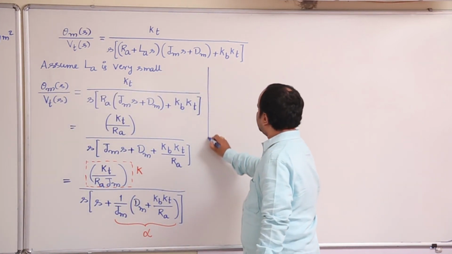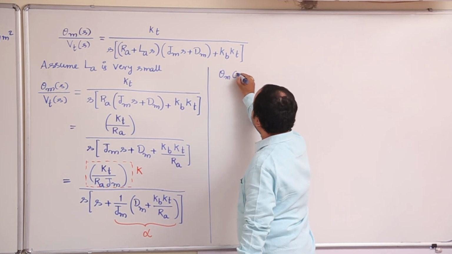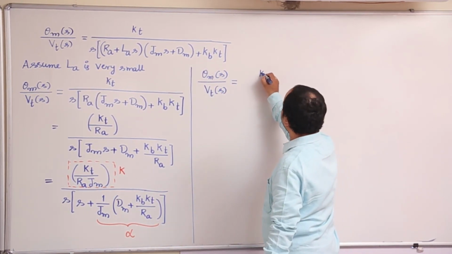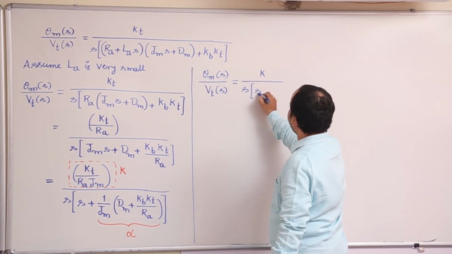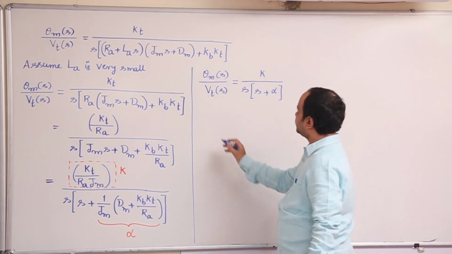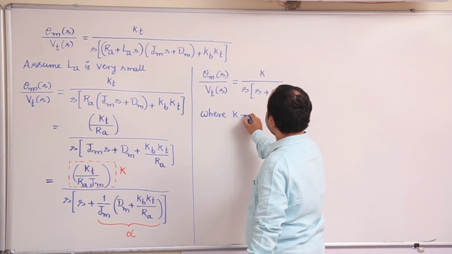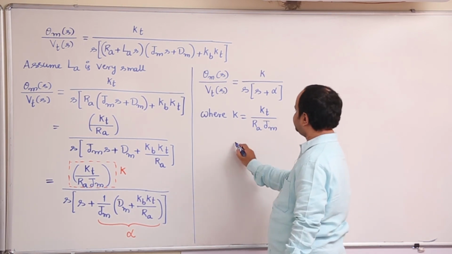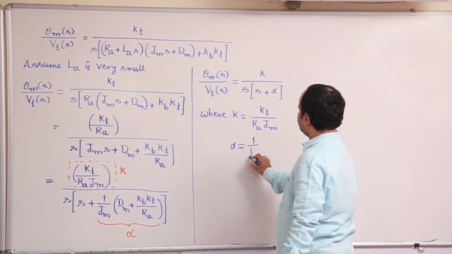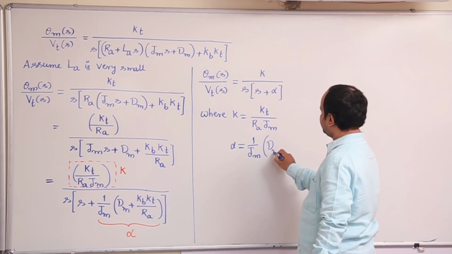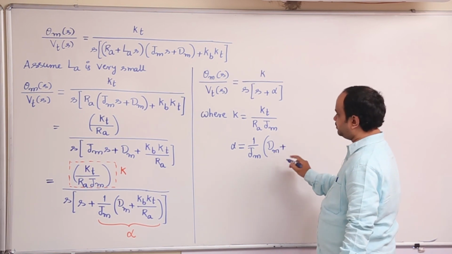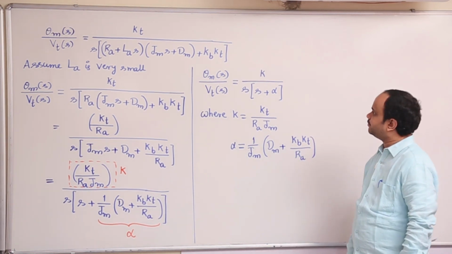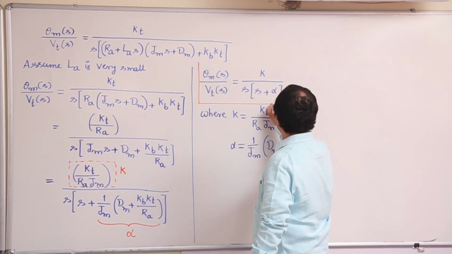Therefore, the transfer function finally can be expressed as theta m by Vt of S is equal to k by S into S plus alpha, where k is equal to Kt by Ra into Jm and alpha is equal to 1 by Jm into Dm plus Kb Kt divided by Ra. So this is the standard format.